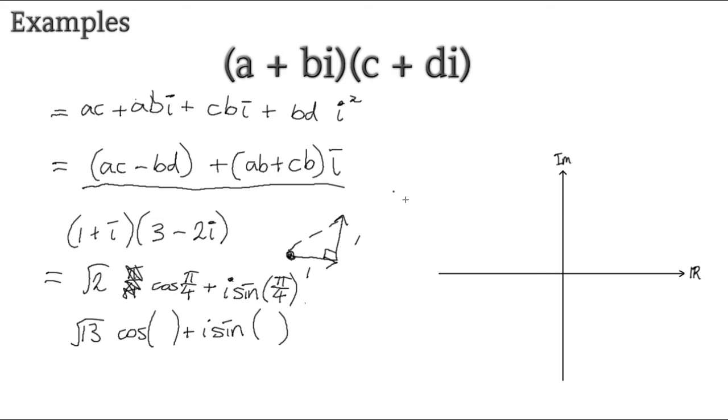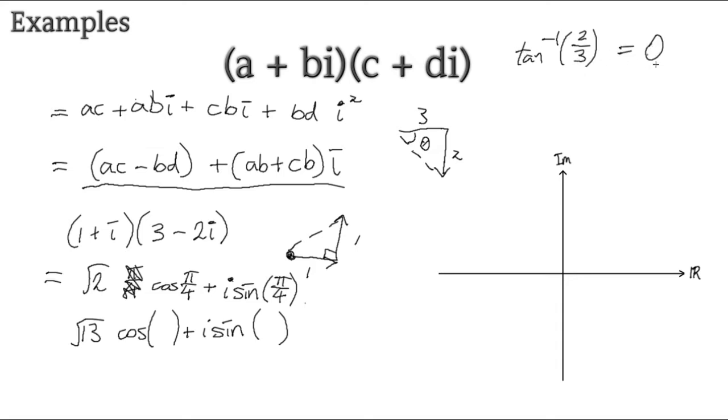Let's give it a draw, because it's negative 2i, so this is length 2, this is length 3, and this length doesn't matter. So I've got the angle theta, which is the arctan of 2 on 3.